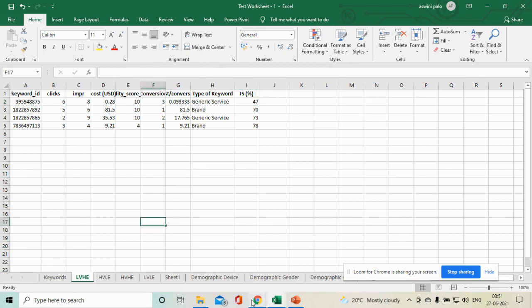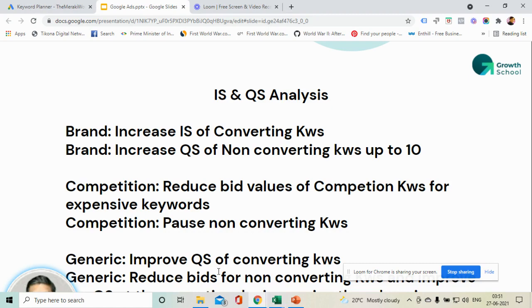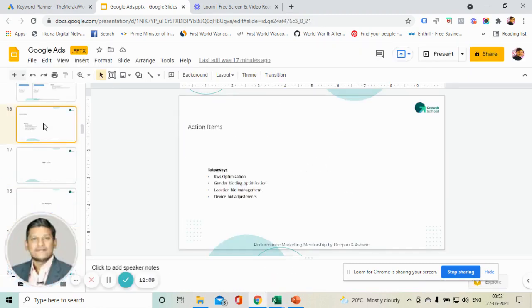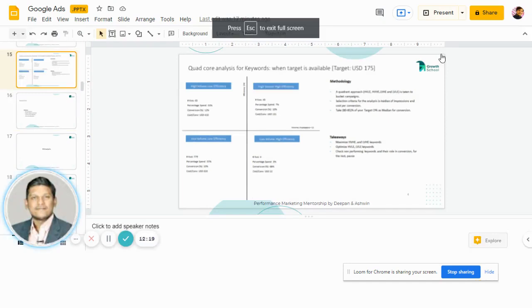Now, what we did in the PPT, you might have seen. Let me go back. In slide number 16, you might have seen that you need to optimize the keywords. And let's go to slide number 15. Let me present it on a bigger screen.